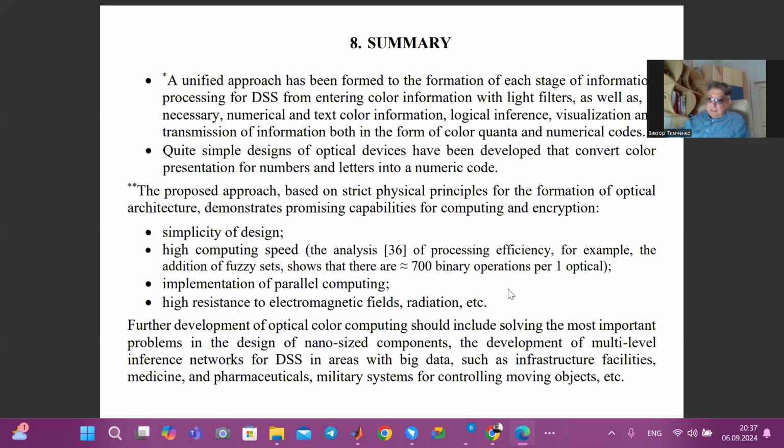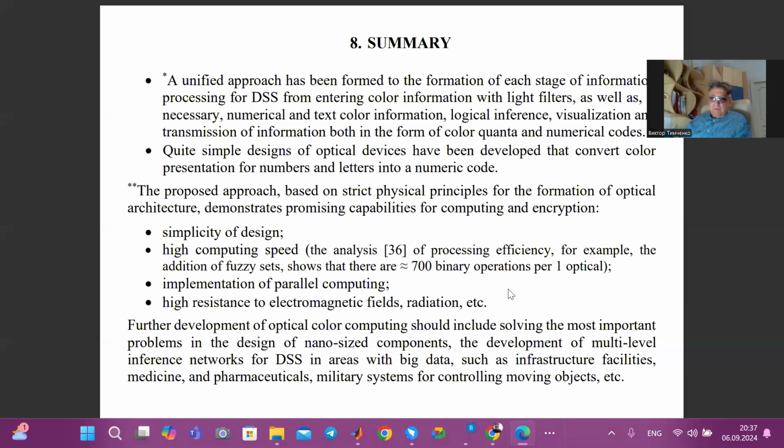The presented work proposes a direction for expanding the functionality of optical color computing to solve problems in decision support systems with big data.